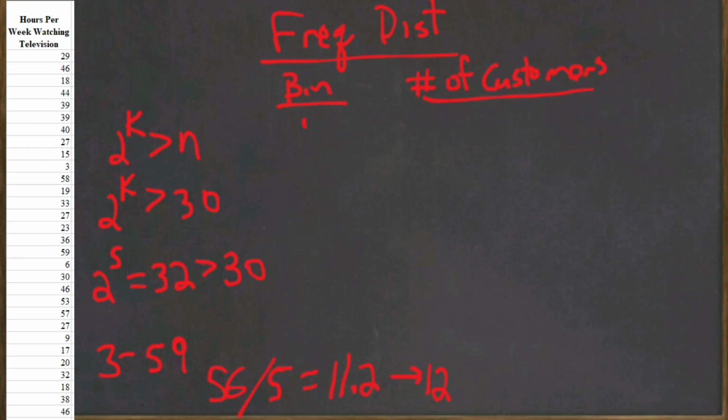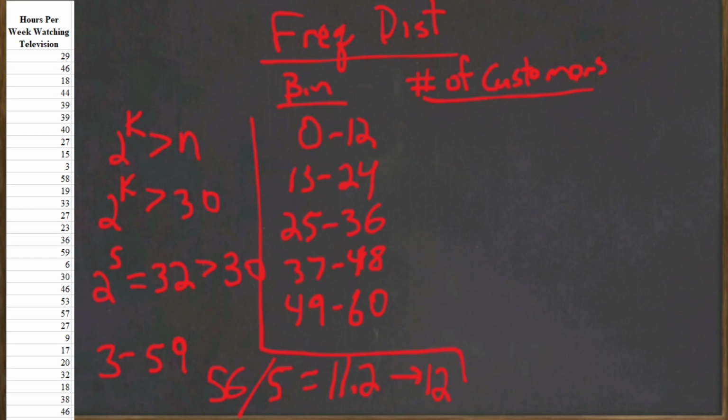And so one way to do this would be to say 0 to 12, 13 to 24, 25 to 36, 37 to 48. Is that right? And then 49 to 60. I should have maybe done this in multiple colors, but those would be bins that would work for us.